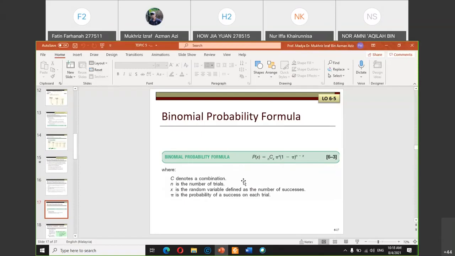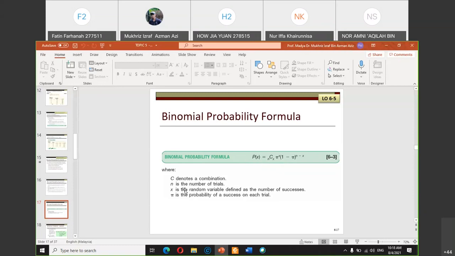Or, for example, you want to do an experiment on how many students will get B plus at the end of the semester. So let's say the probability that a student will get B plus.